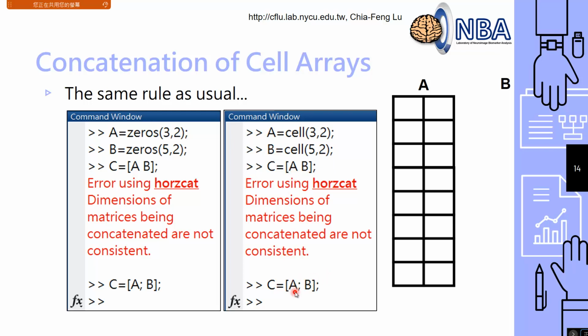You can do the vertical concatenation, but you cannot do horizontal concatenation because it still follows the same rule: for horizontal concatenation, you need to make sure the row sizes are the same for the two concatenated arrays. But for vertical concatenation, you only need to make sure that the column numbers are the same. Okay, so I think this idea should be straightforward, right?